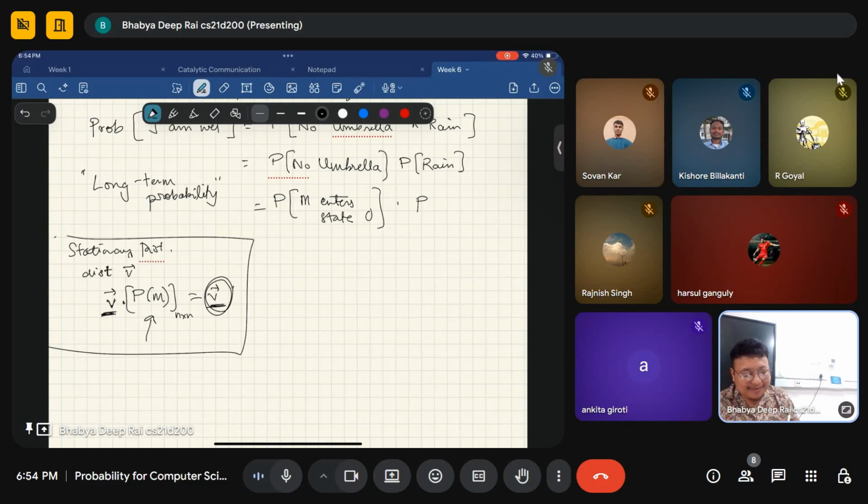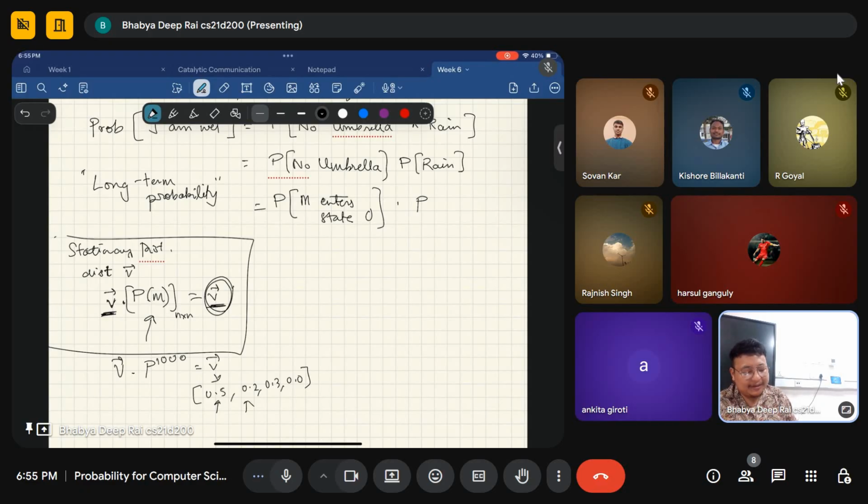No matter what, if you do v times p to the 100,000, you're going to get the same distribution. It looks something like 0.5, 0.2, 0.3, 0.0. This means the probability of entering state 0 at any point is 0.5.